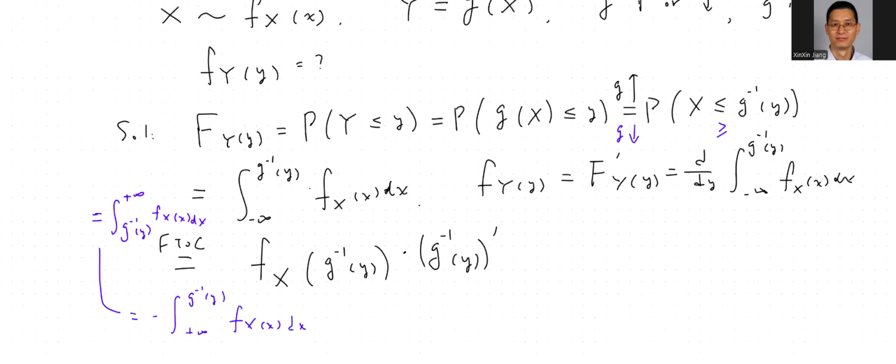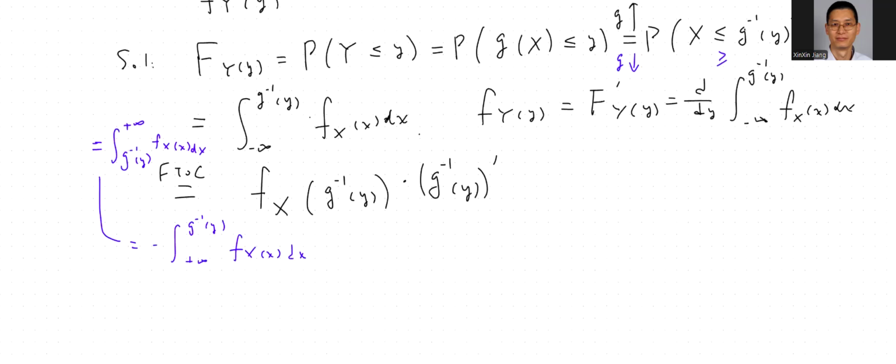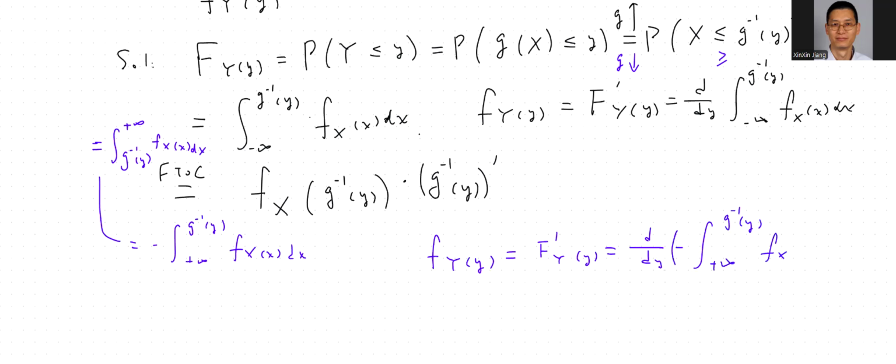And then you differentiate it. There's a negative sign. Similarly, you plug in g inverse of y, and then the derivative of g inverse of y.